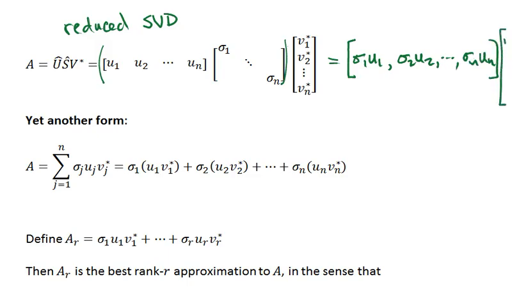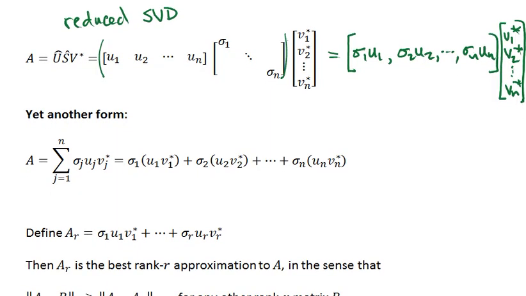And we get that times the V1 star, V2 star, etc. And those two together kind of look like an inner product of two vectors. I mean, they're actually blocks, but by the rules of block matrix multiplication, we can treat them as though it's the inner product sigma 1 U1 V1 star plus sigma 2 U2 V2 star, and so on. And in fact, that's what we've written here.